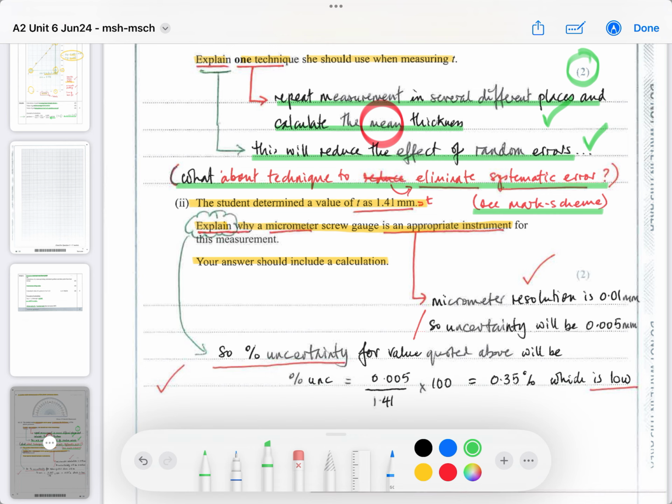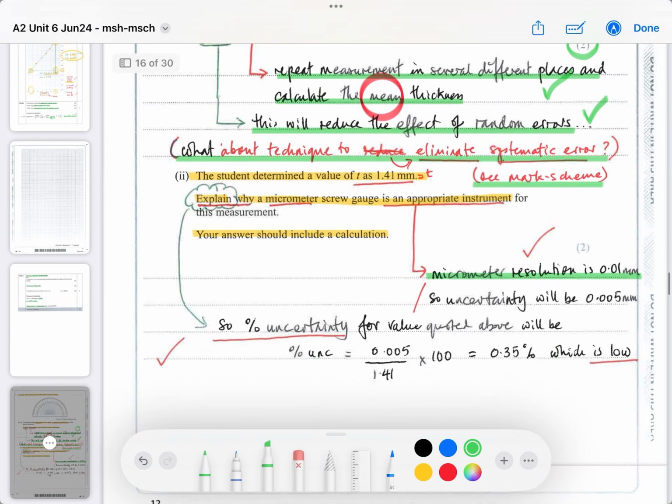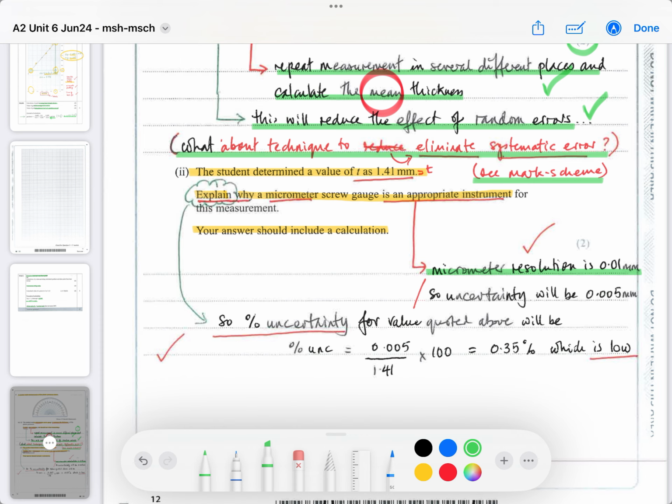Okay, so the micrometer is an appropriate instrument because it has a resolution of 0.01 millimeters, which is the most accurate tool we have for measuring small distances. So the uncertainty will be half of the resolution, 0.005 millimeters. That's the standard procedure.